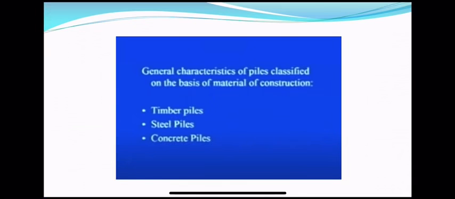Mainly, I will be taking up three types: timber piles, steel piles, and the last one, concrete piles. As the name suggests, on the basis of material, timber piles use timber for construction, steel piles use steel, and concrete piles use concrete.